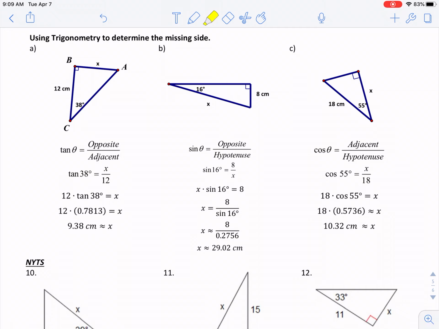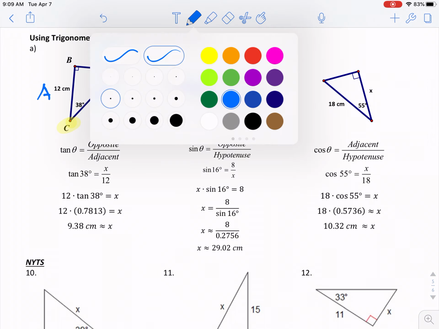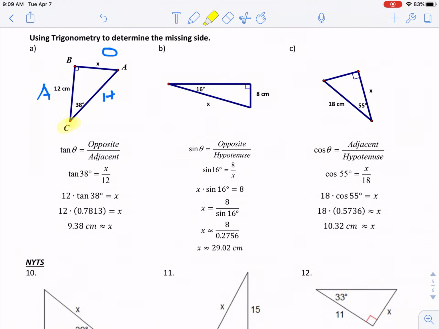All right. Notice we have 38 degrees. So my reference angle for this one's C. So hypotenuse, opposite, and adjacent. All right. We don't know the opposite side and we know the adjacent side. So I'm going to be using tangent, or opposite and adjacent here. We set it up.